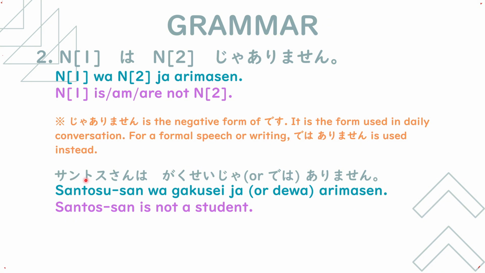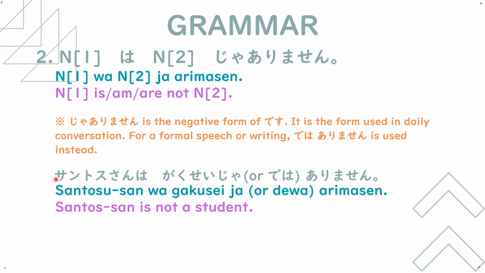For example, we have Santos-san wa gakusei ja arimasen, or Santos-san wa gakusei de wa arimasen, which means Santos-san is not a student. The rules for the previous grammar point still apply here.